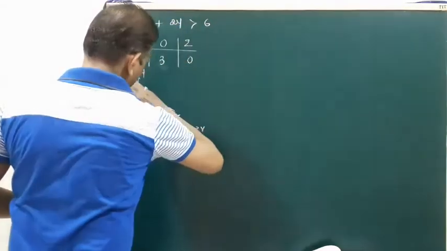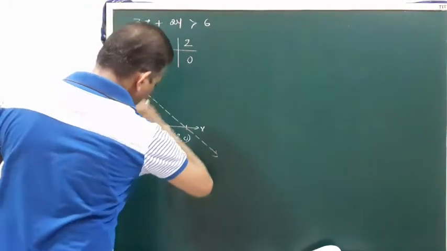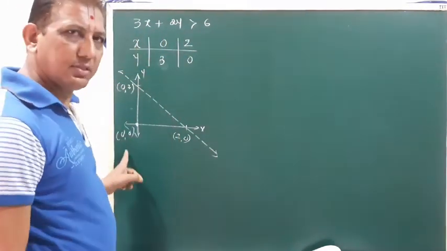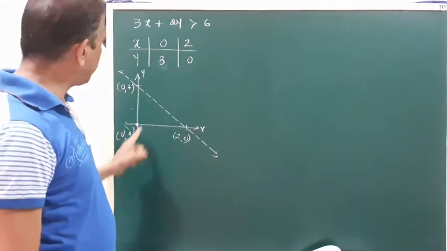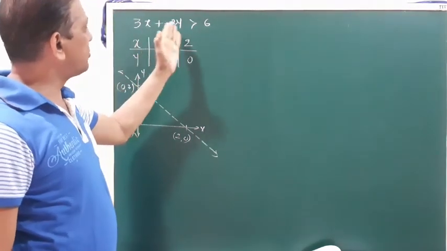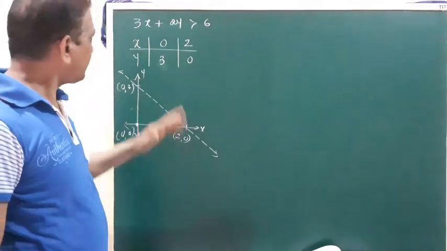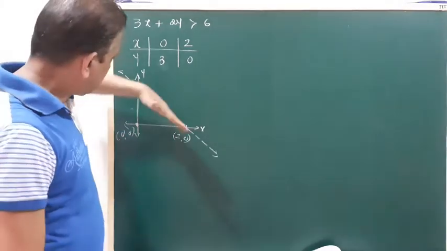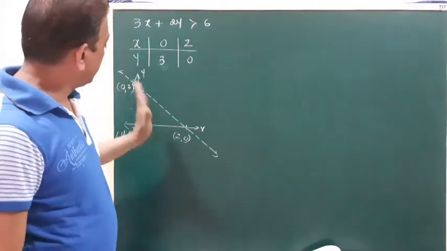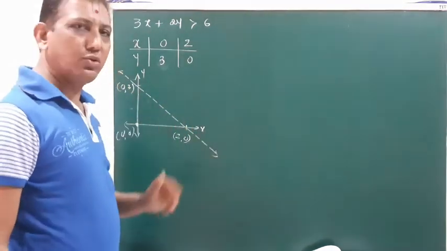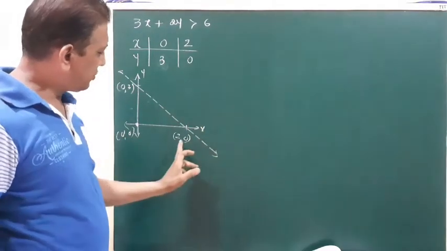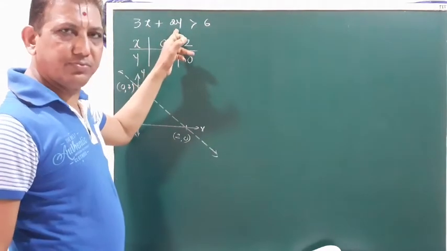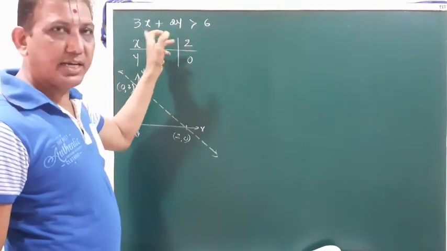Now we decide which part of the graph, right side or left side, upper part or lower part. First we check this point: compulsorily put 0, 0, x equal to 0, y equal to 0. Then 0 is not greater than 6, so this part is not included. The upper part of the graph is included. Again check the right side, the point 3, 0: put x equal to 3, y equal to 0, 3 threes are 9, and 9 is greater than 6.